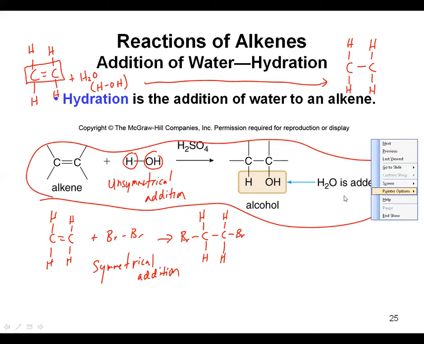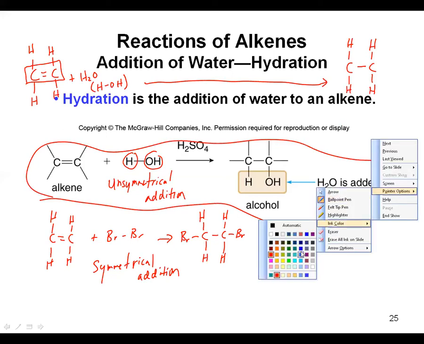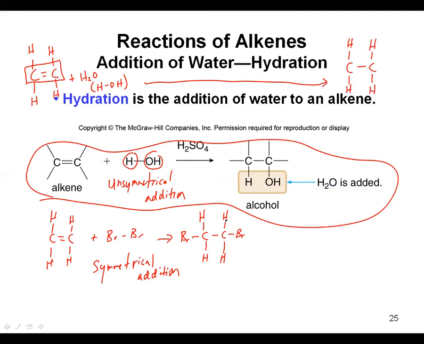This is what is referred to as an unsymmetrical addition, because in this case, one of the carbons will get the OH and the other carbon will get the hydrogen. So again, hydrogen and OH. And this reaction is referred to as a hydration reaction because we're adding water.